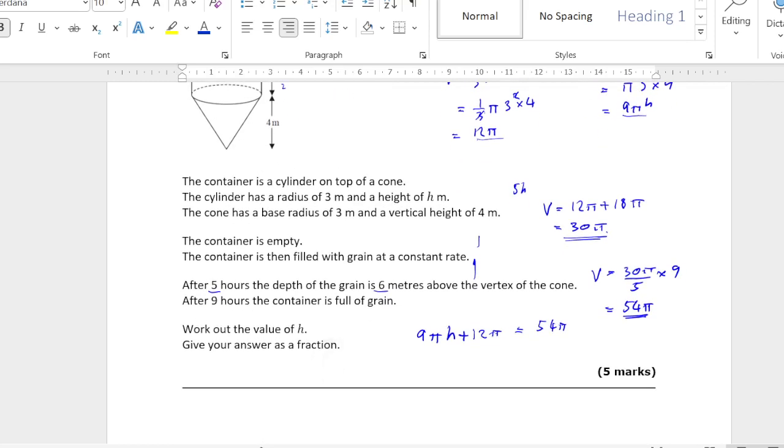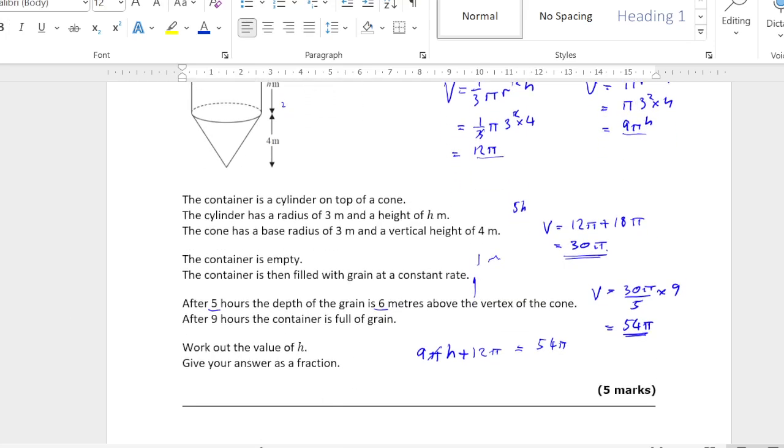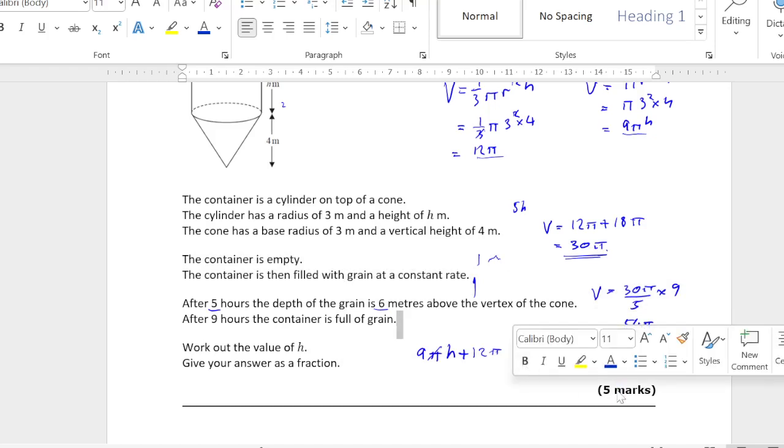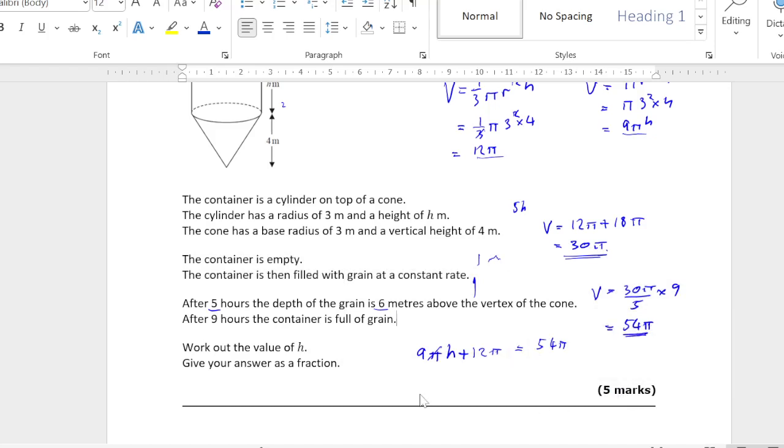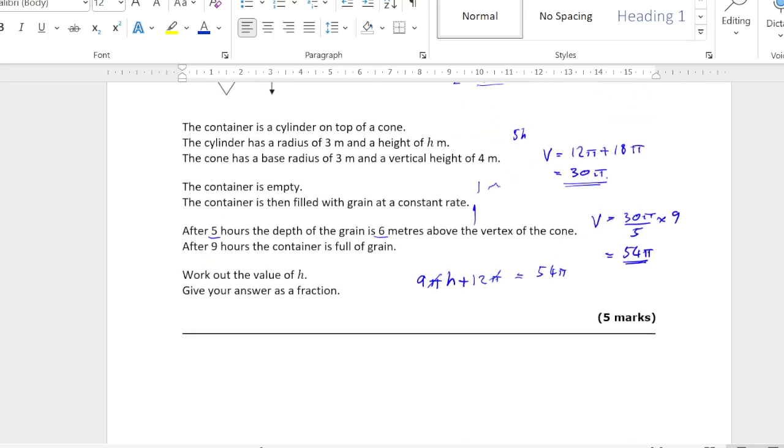So if I minus 12 from both sides, and I'll cancel pi, that would give me 9 times the height is going to be equal to 54 minus 12, so that would be 42.